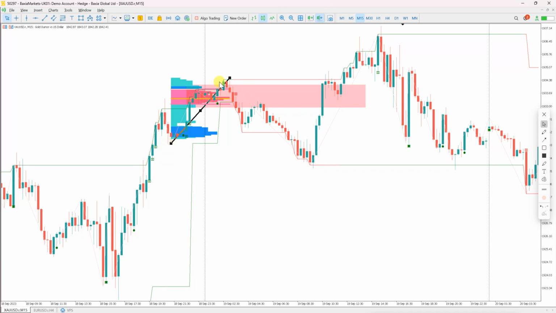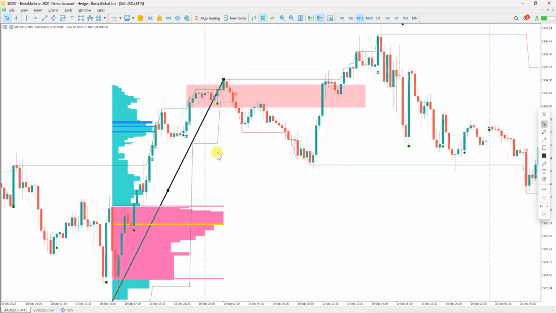And if we plot from this swing high to the previous swing low, from this swing low, there you see, here, you see how this is related to this low value node?